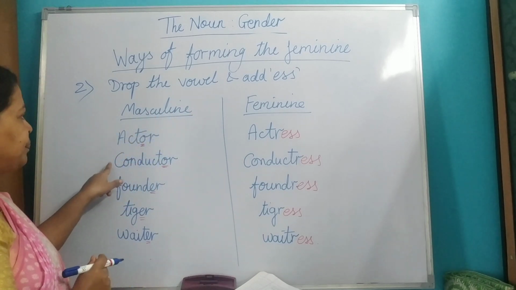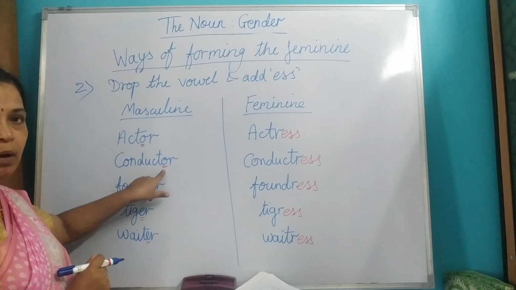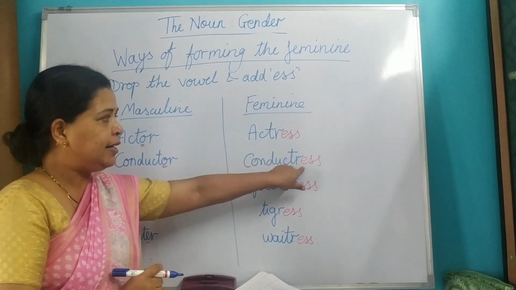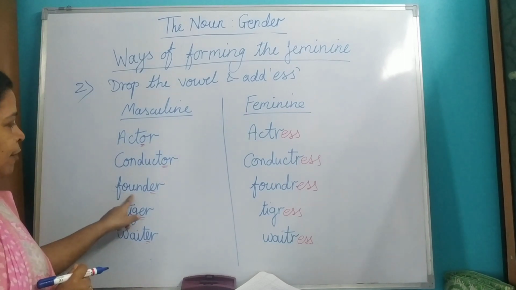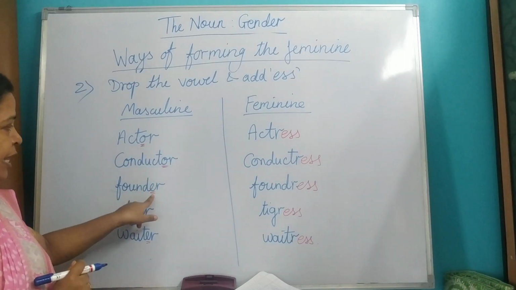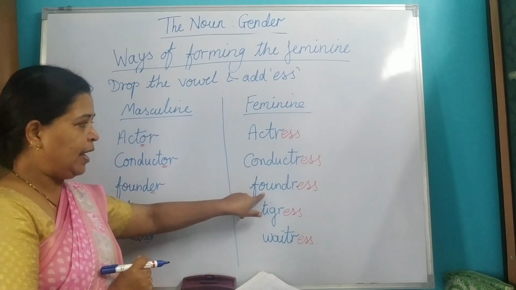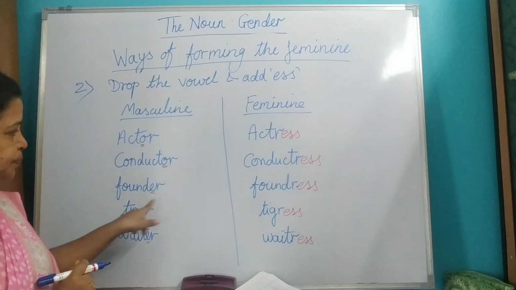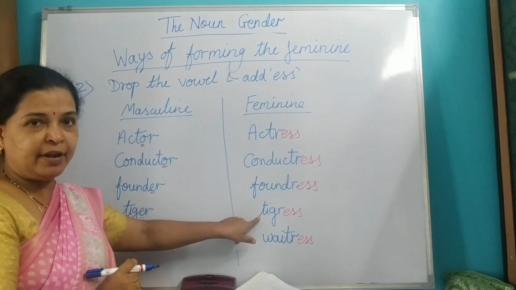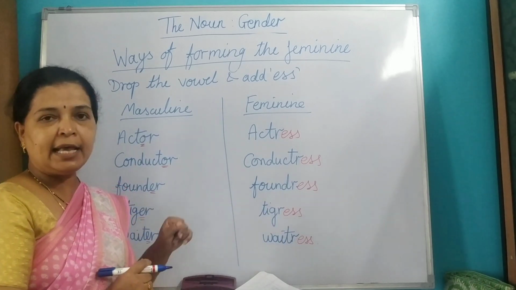Then same way, conductor, conductress. We have dropped the vowel O and they have added ess in the end. Then founder, the vowel E we have to drop and add ess to make foundress. Then tiger becomes tigress after dropping the vowel E and adding ess.